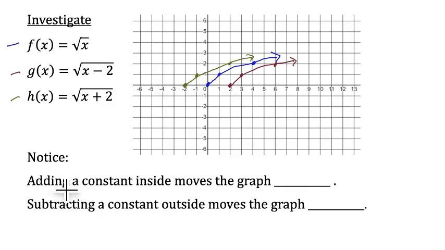We notice that adding a constant, that was this graph, moves the graph left. So it's a little bit opposite of what our common sense would hope it would be. And subtracting a constant, that was this one, moved the graph to the right.